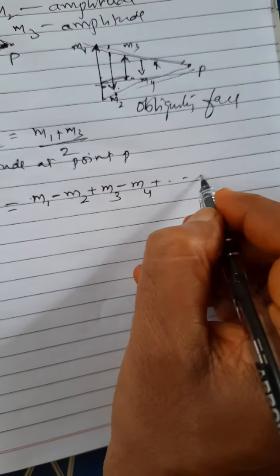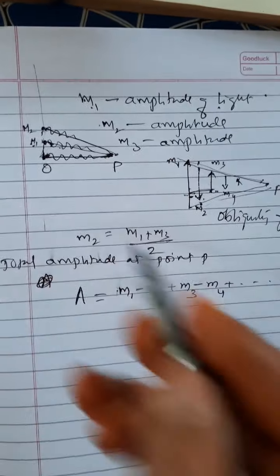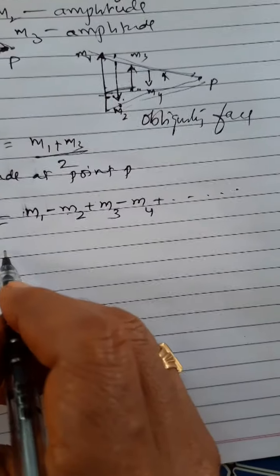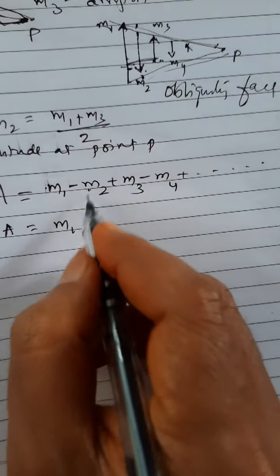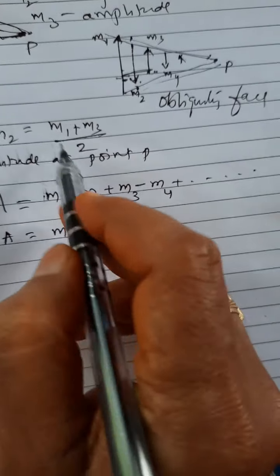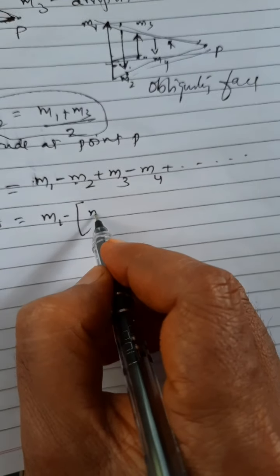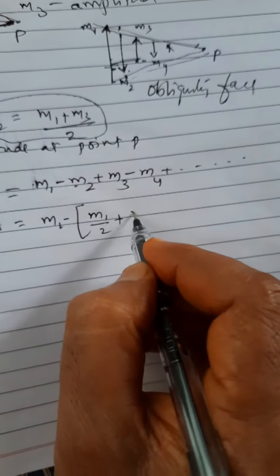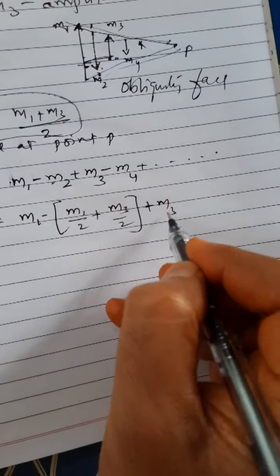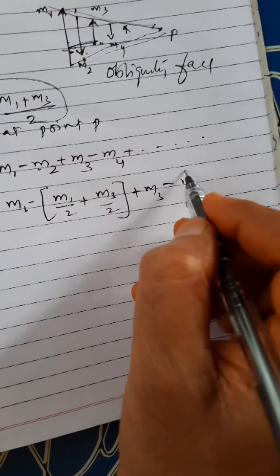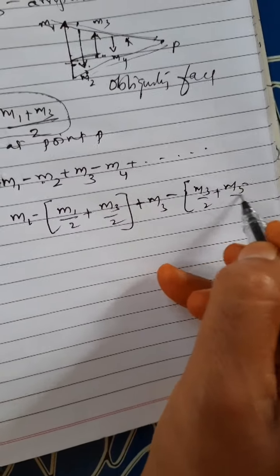Like this it goes on, depending on how many half period elements you take. I can write this as M1, and M2 as the average: M1 by 2 plus M3 by 2 plus M3 minus M4, again M3 by 2 plus M5 by 2, like that.